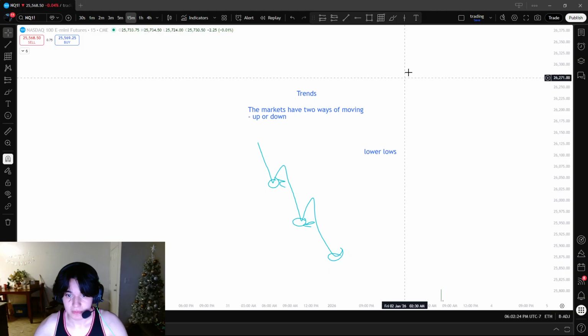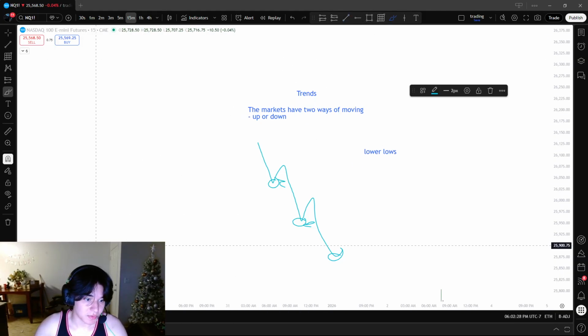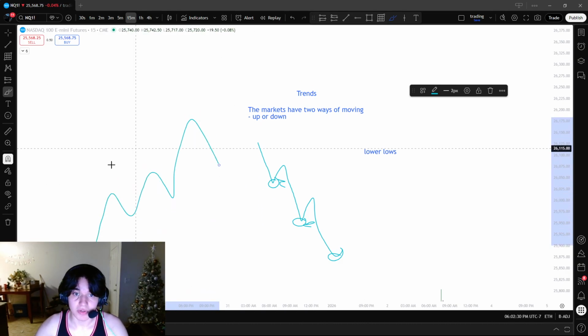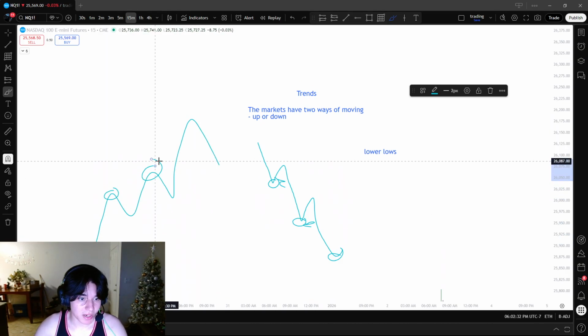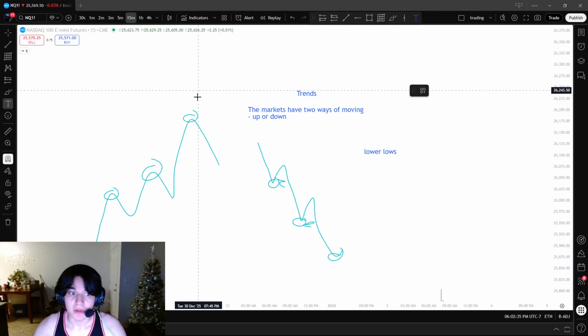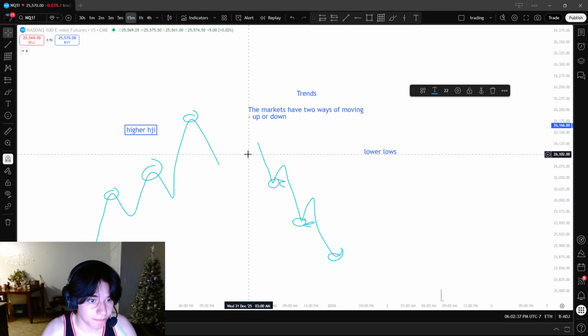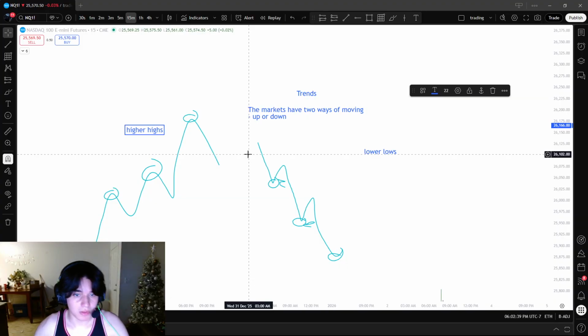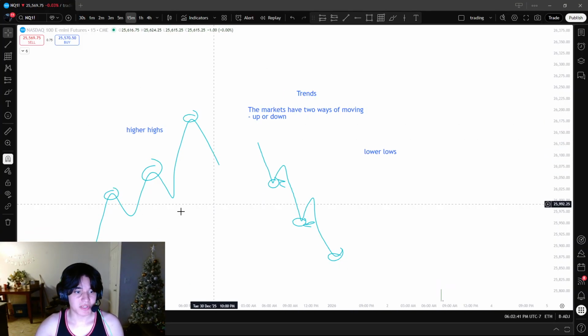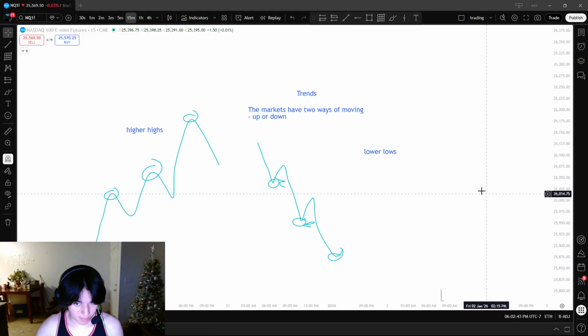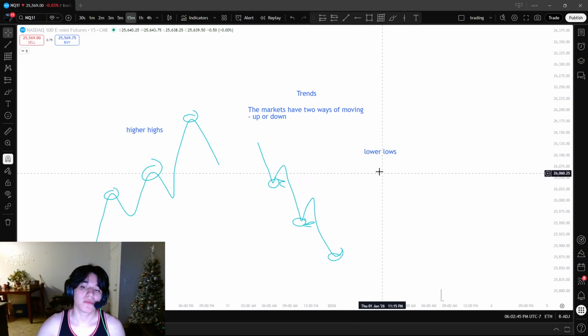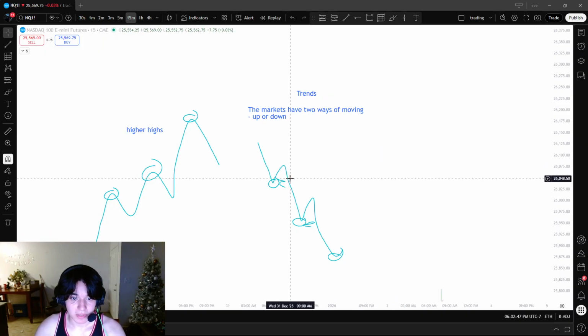And obviously the opposite would be higher highs, which I just described. So you see what I'm talking about now with lower lows and higher highs. Every time a higher high gets created, we call them higher highs. Every time a lower low gets created, we call them lower lows. So let's spot some of these in the market.